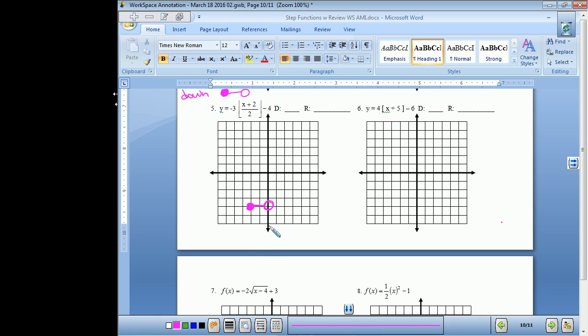Down 3. Solid, over to open. So if I went backwards, I'd go up, open, back 2, 3, solid. Open, back to solid. 1, 2, 3. Open, back to solid.